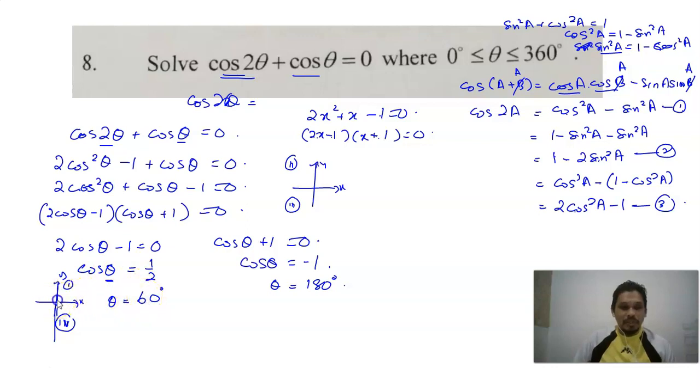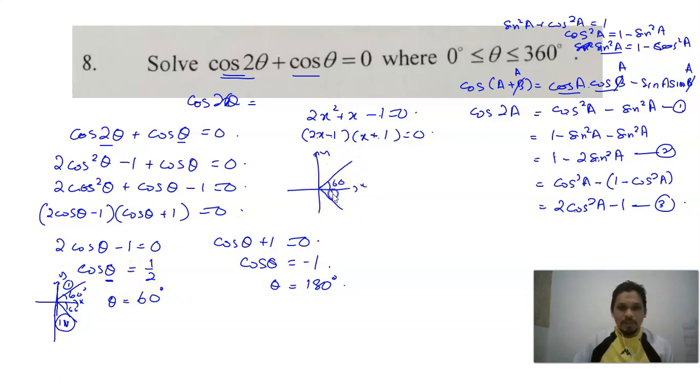So in the first quadrant there is a 60 here, and in the fourth quadrant also 60. The basic angle is 60 degree, and cos is positive in the first and the fourth quadrant.